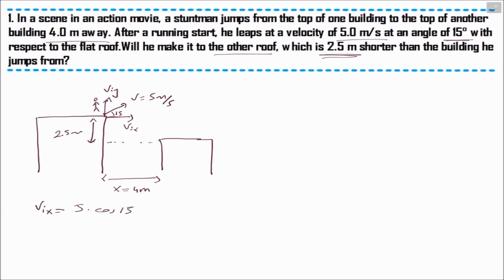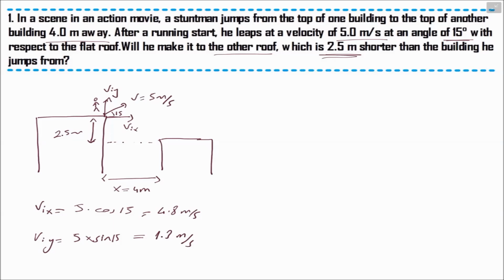V initial y is 5 times sine 15. 5 times cosine 15 is 4.8 meters per second. 5 times sine 15 is 1.3 meters per second.